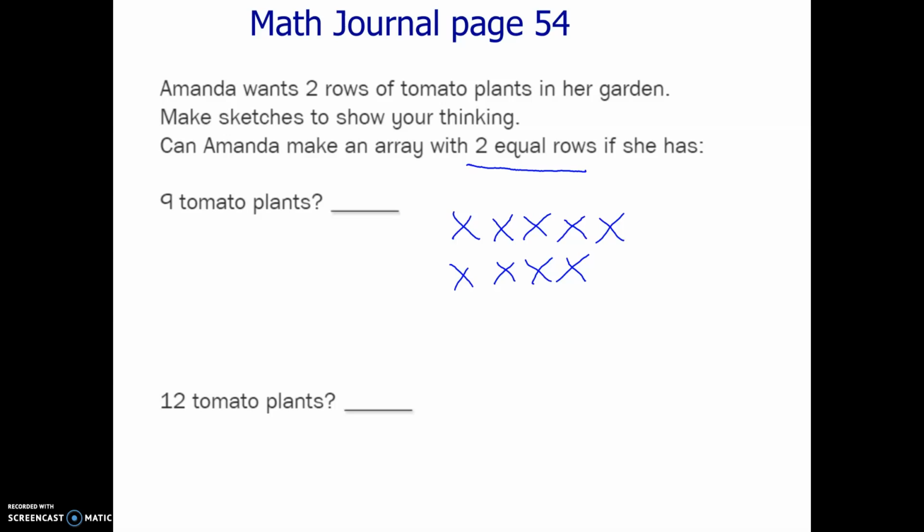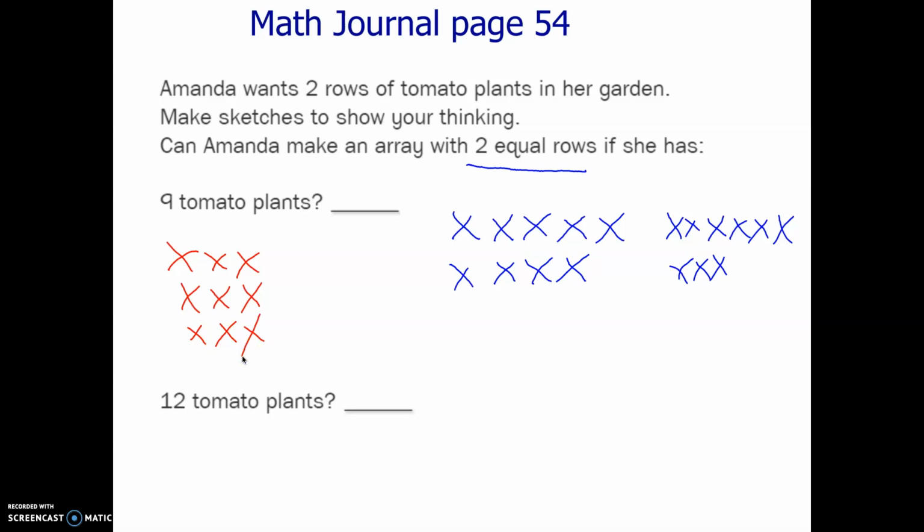What about this? 1, 2, 3, 4, 5, 6. 1, 2, 3. I know that 6 plus 3 is 9. It's 2 rows, but they're not equal. Oh, wait a minute. 1, 2, 3, 1, 2, 3, 1, 2, 3. There, they're equal.